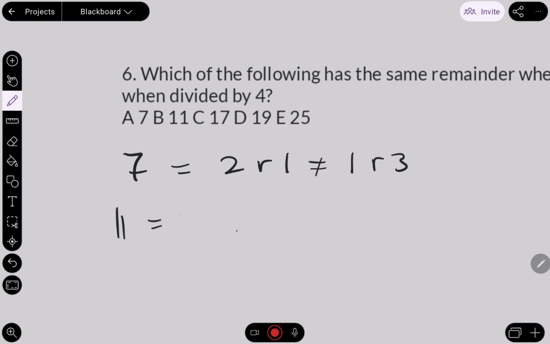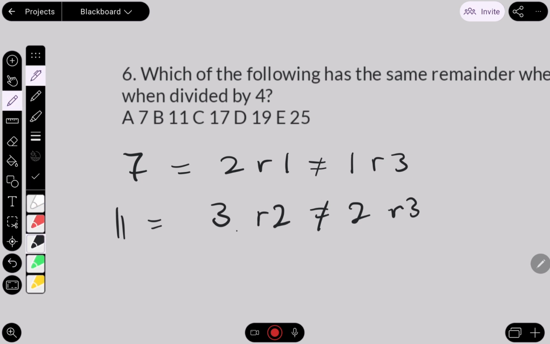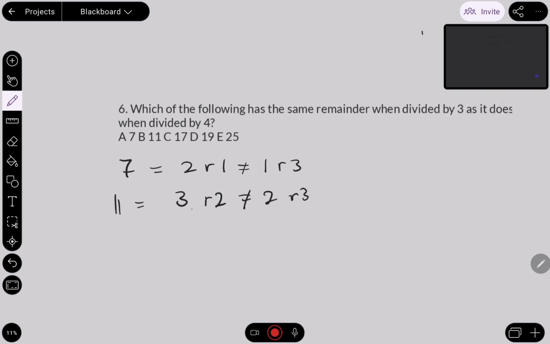11, when you divide by 3, you get 3, which is 9, remainder 2. Is it the same? No. Is the remainder of 2 the same as 2 remainder 3? Nope. I'm seeing the pattern, but I can't be seeing this pattern because there's no way any multiple that's not a multiple of 3 has a remainder of 3.